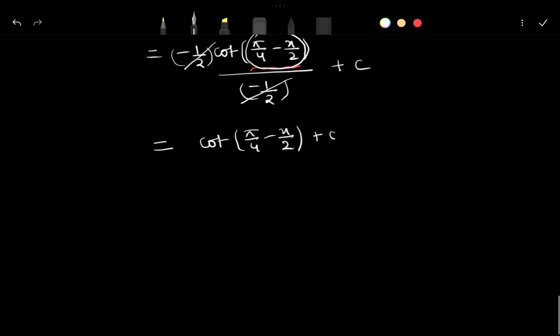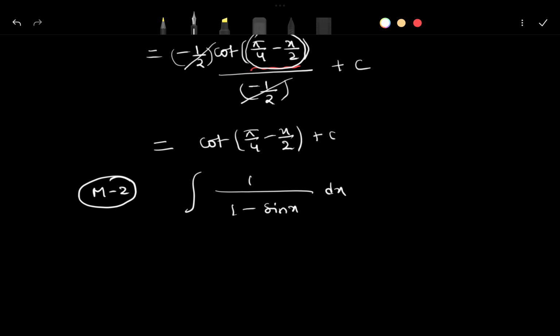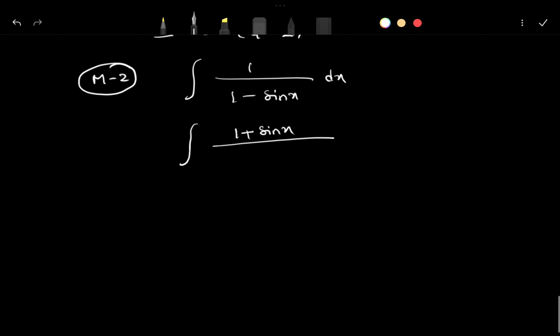Another, simpler method: method 2 for this problem. The integration of 1 by 1 minus sin x. So what is the other method? Multiply and divide by 1 plus sin x. So this value will be 1 plus sin x whole divided by 1 minus sin x into 1 plus sin x.